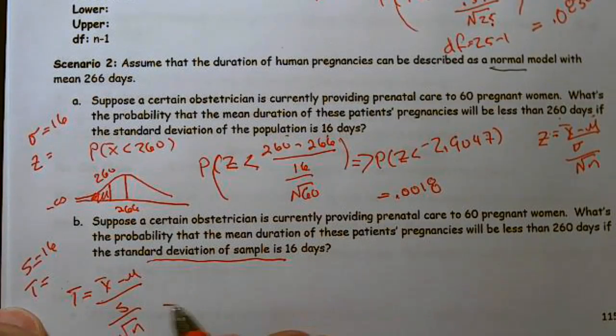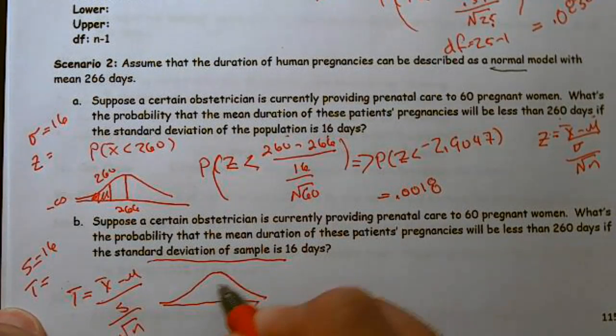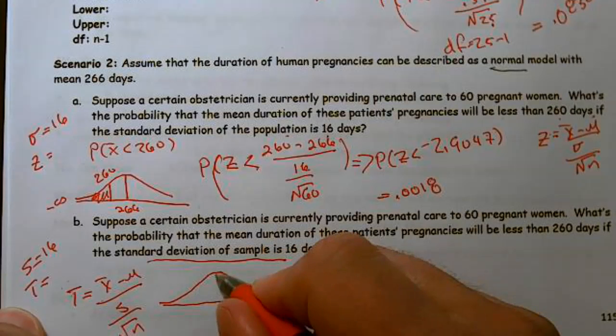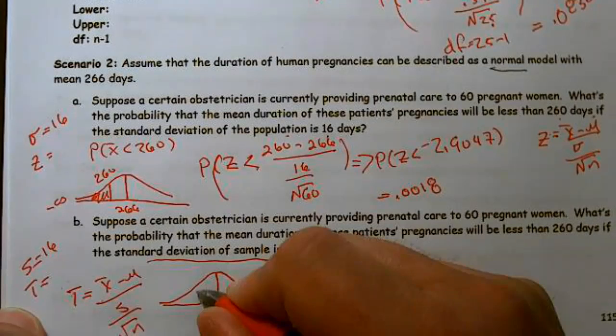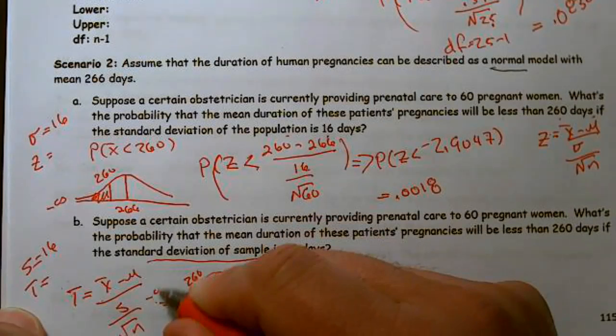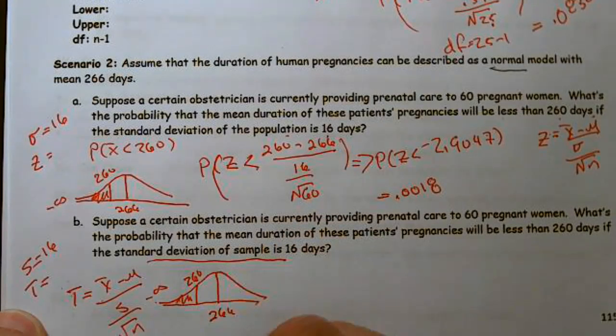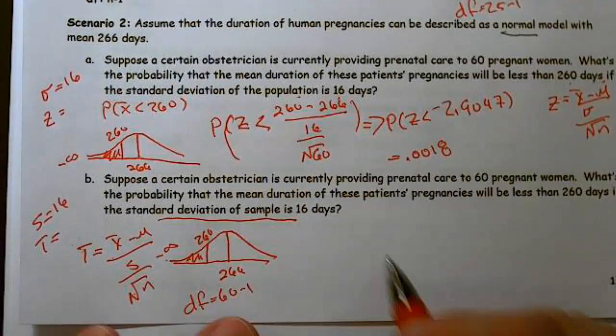My graph, which should always be included, is this. My mean, in this particular case, is still 266. We want to know whether it's 260, and remember it goes to negative infinity. Our degrees of freedom in this case are going to be 60 minus 1, right? Because it's always n minus 1. So here we go.